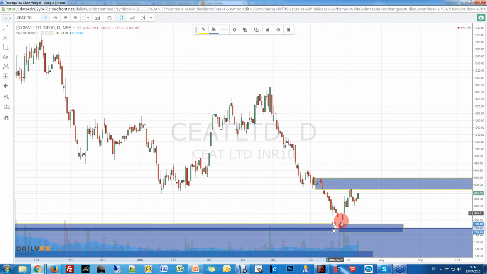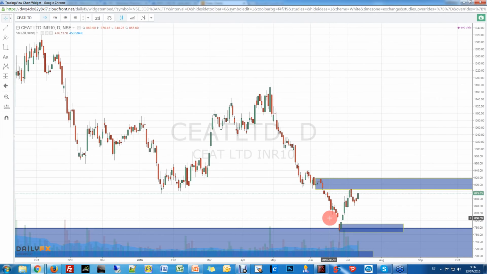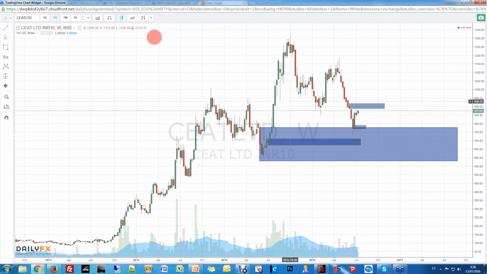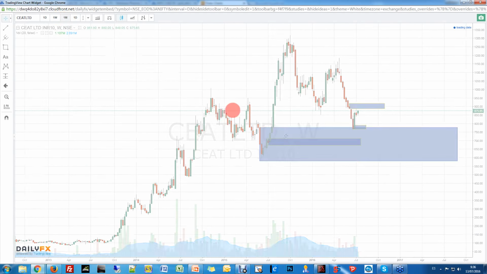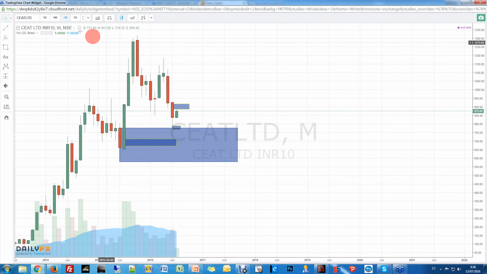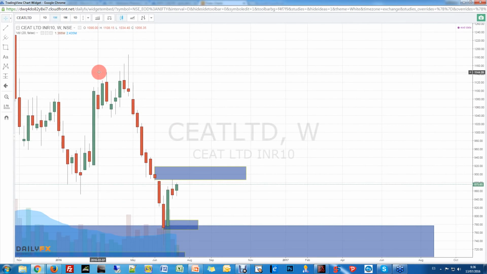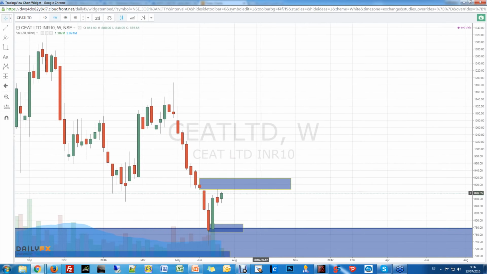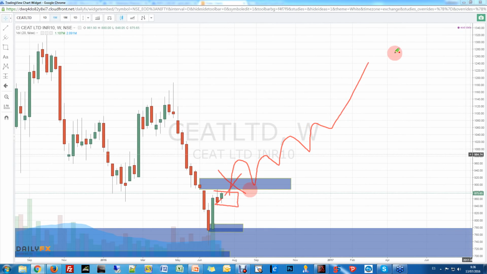If this is a level of supply, this is a level of demand. So now we've got a new area of demand nested at a weekly bullish engulfing pattern and nested at a monthly area of demand in control with a monthly uptrend. So long bias on new areas of demand on this instrument, on CEAT Tyres. So if this is out, new areas of demand will be created on the way up.